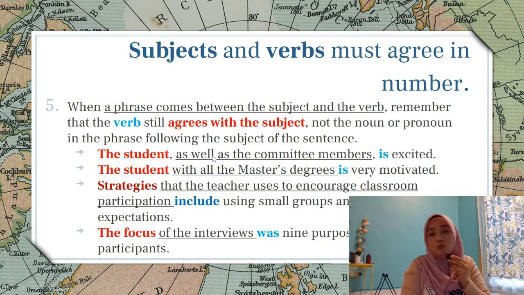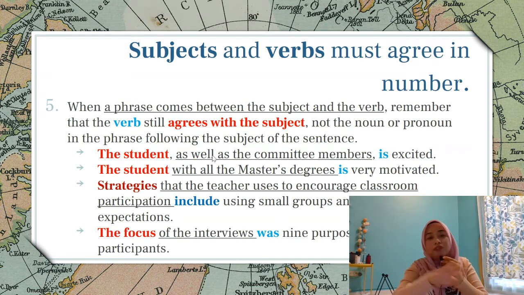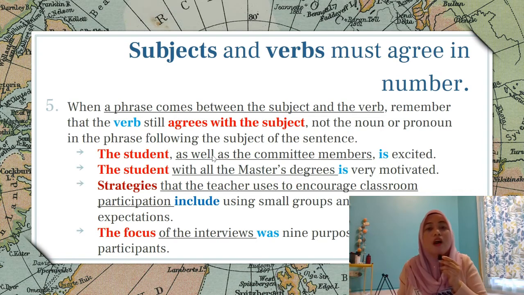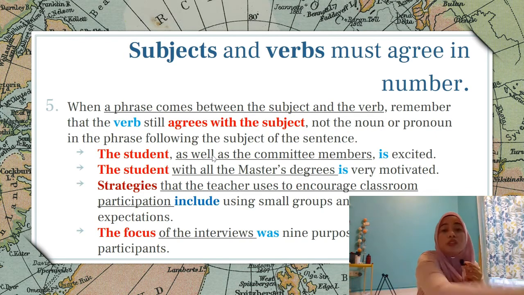Now, "as well as" is not the same as "and", the conjunction. If you say the students and the committee members, then your verb should be "are excited". But if you have "as well as", the actual subject that we're talking about is only the students.